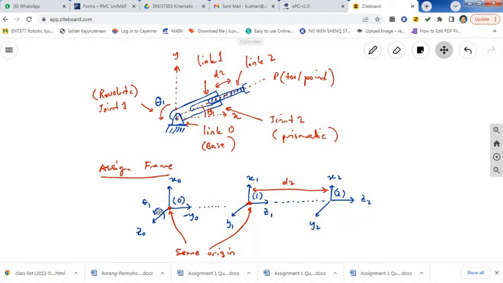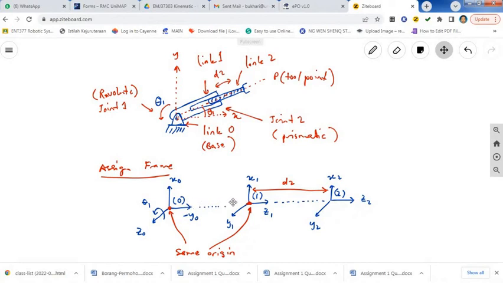When we rotate this joint, that means we rotate along the z axis, so the x and y axes will rotate. In the same origin drawing, some books draw on the same frame because they want to show the change of theta, so it looks a bit crowded.